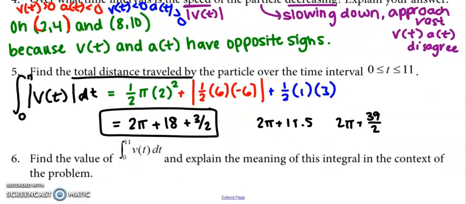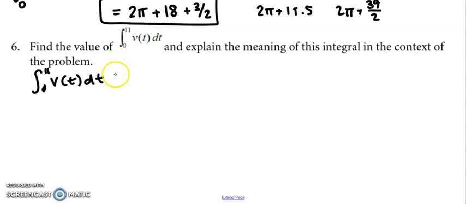Number 6, find the value of the integral of v of t between 0 and 11 and explain the meaning of this integral in the context of the problem. Well, whenever we have a definite integral, 0 to 11 v of t dt, that represents the net change in the antiderivative. What's the antiderivative of velocity?